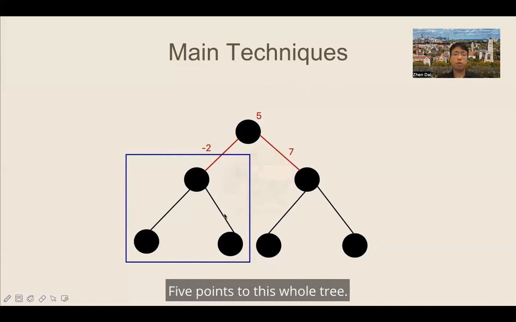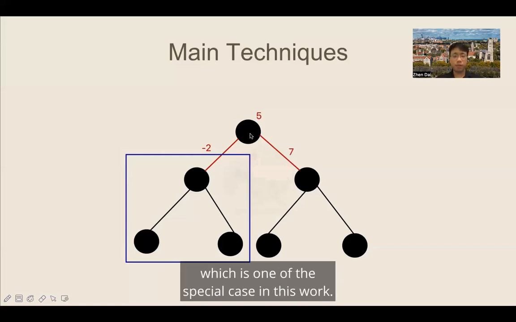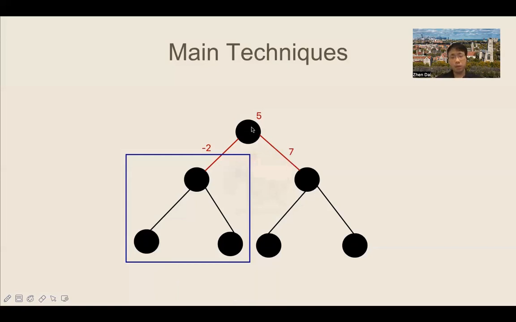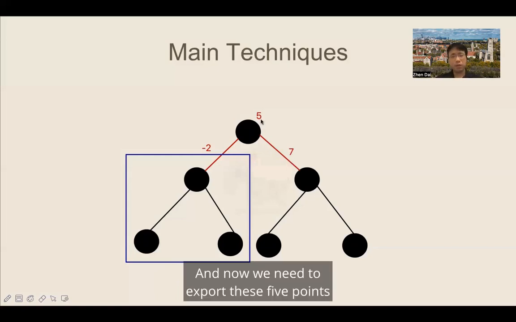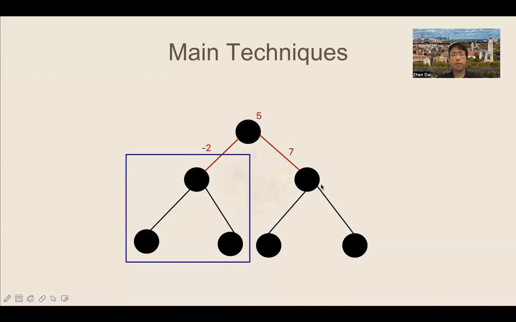For simplicity, let's first assume that this root will not contain any points at the end, which is one of the special cases in this work. Now we need to export these 5 points either to the left subtree or to the right subtree.